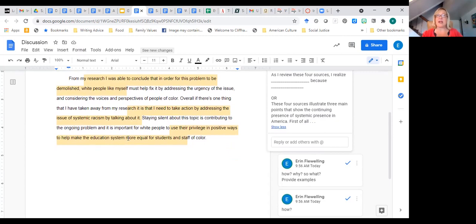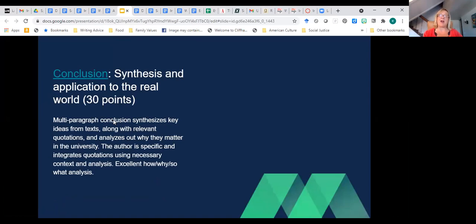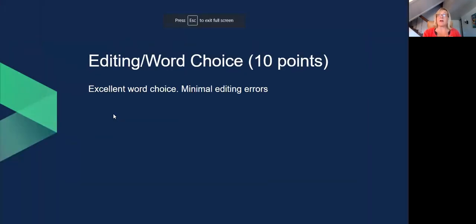Stay on the thesis statement, stay on the details, add those details, be specific. Again, it's the how, why, so what, and the details. The author has the outline there, but without the development. And again, it's a rough draft.